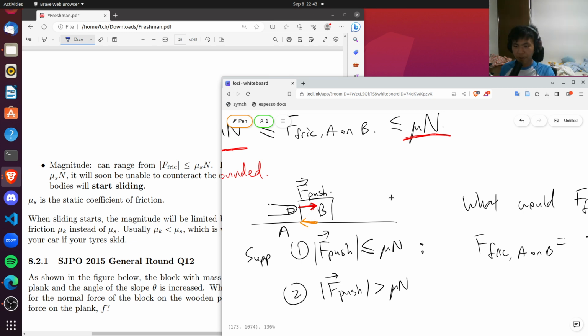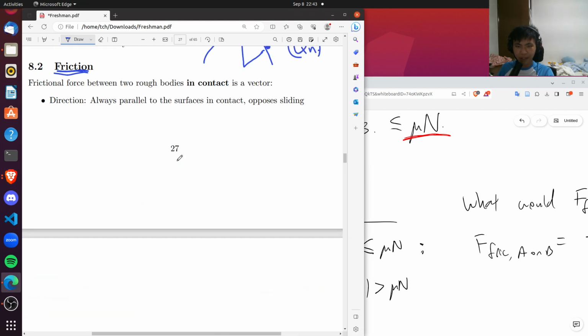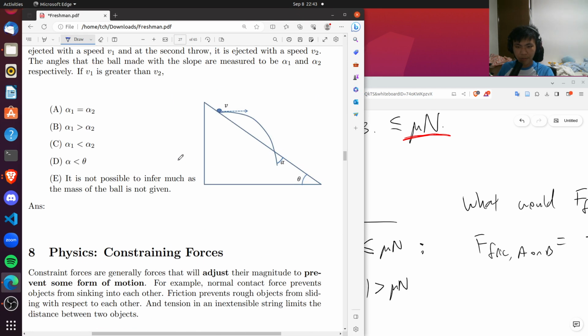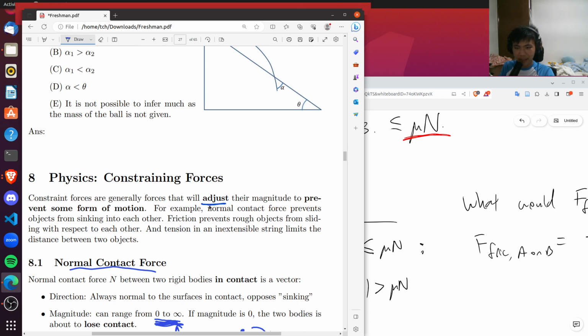And the reason we know friction would be precisely the magnitude of this orange vector is that the magnitude of friction is precisely equal to the magnitude of the red vector, the pushing force. The reason the two magnitudes are equal is because friction is a constraining force, and you adjust its magnitude according to external circumstances to always prevent motion.